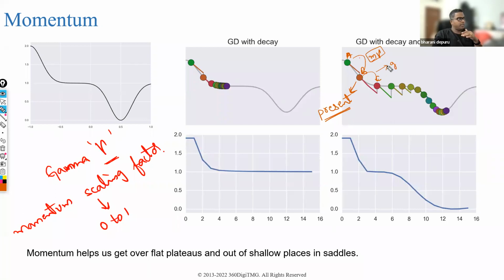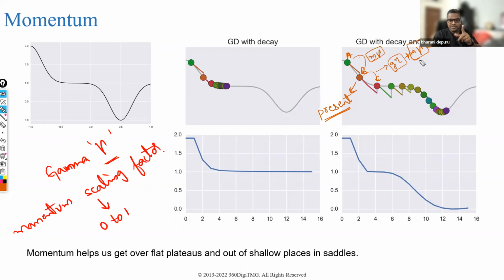You multiply it with the scaling factor, which is nothing but the learning rate. If you multiply the learning rate with the gradient, you will be at C. But when it comes to momentum, that is not what we do. We also take the previous step momentum value, scaled by the momentum scaling factor, and add it here.